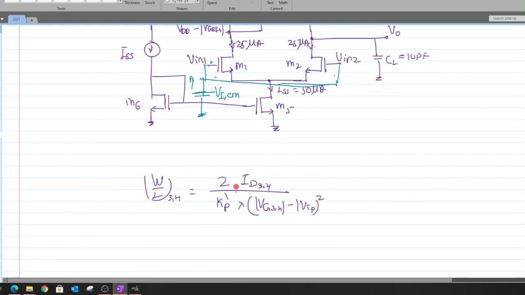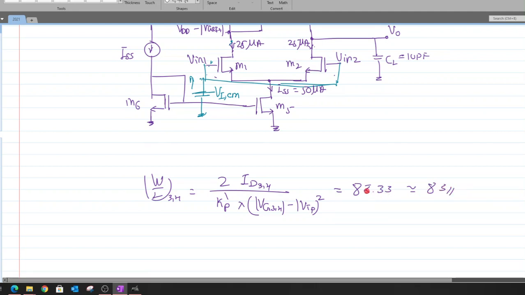The current flowing through the drains of M3 and M4 is 25 microampere, so you can use that value. I think the calculation I've done is right, but in case it is different, you can always comment. So this value we can approximately get to a value of 83.